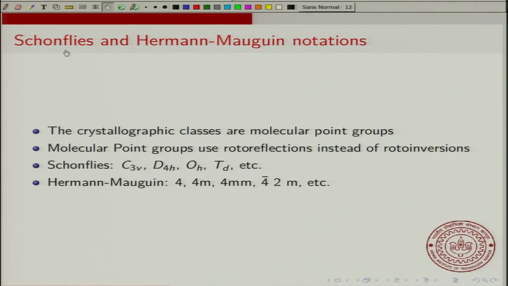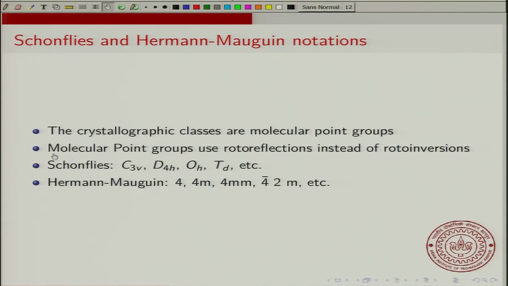One is called the Schoenflies notation and the other is the Herrmann notation. And you should keep in mind that the crystallographic classes are essentially similar to molecular point groups. These are like molecular point groups for the outer shape of the crystal.